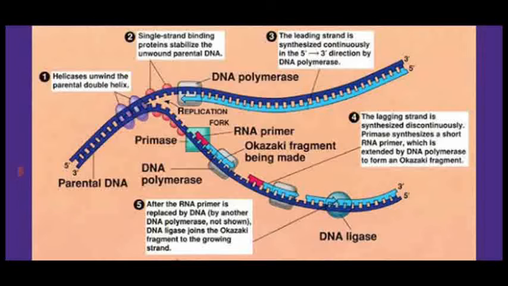The third one, the leading strand: the two strands are known as leading and lagging. The continuously synthesized newly formed daughter strand is formed in the 5-prime to 3-prime direction.